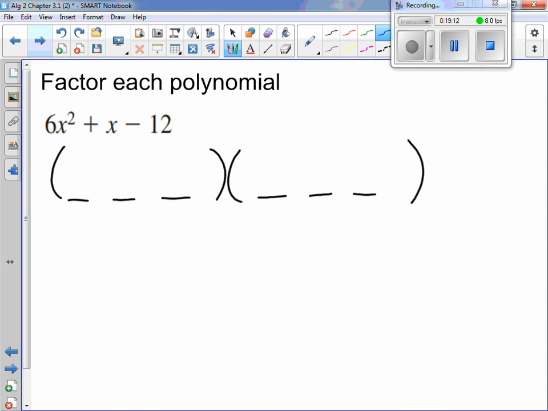Then what's the next step? We need to find the sign. So we look at the sign of the constant term, and the constant term here is negative. So the signs are opposite. One's going to be positive, one's going to be negative.